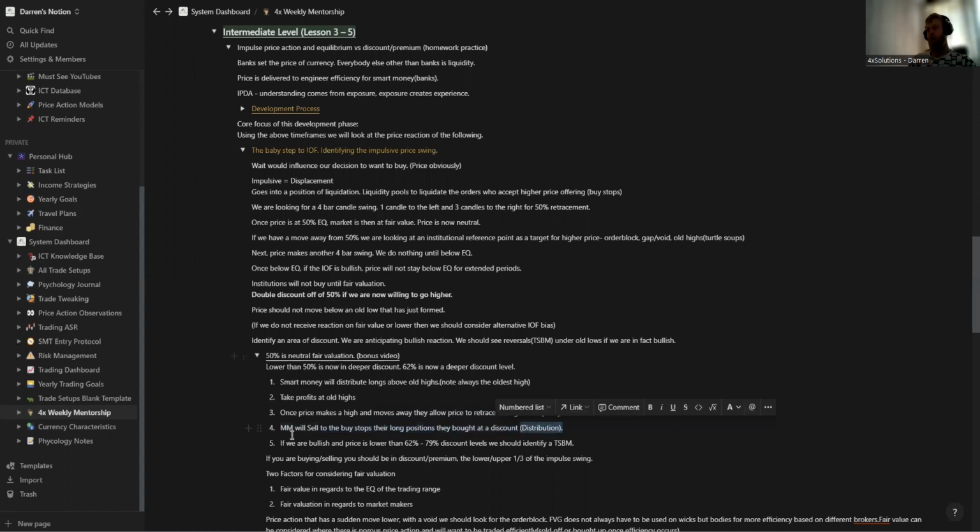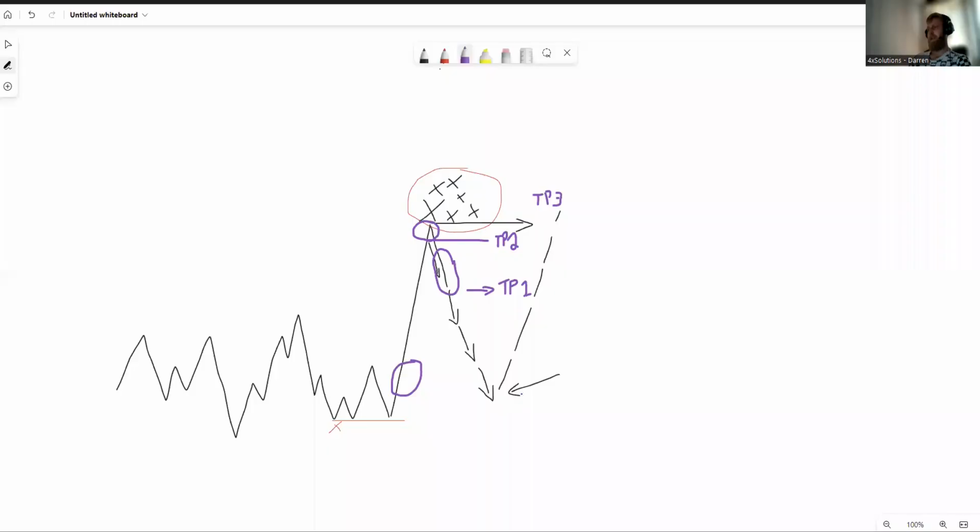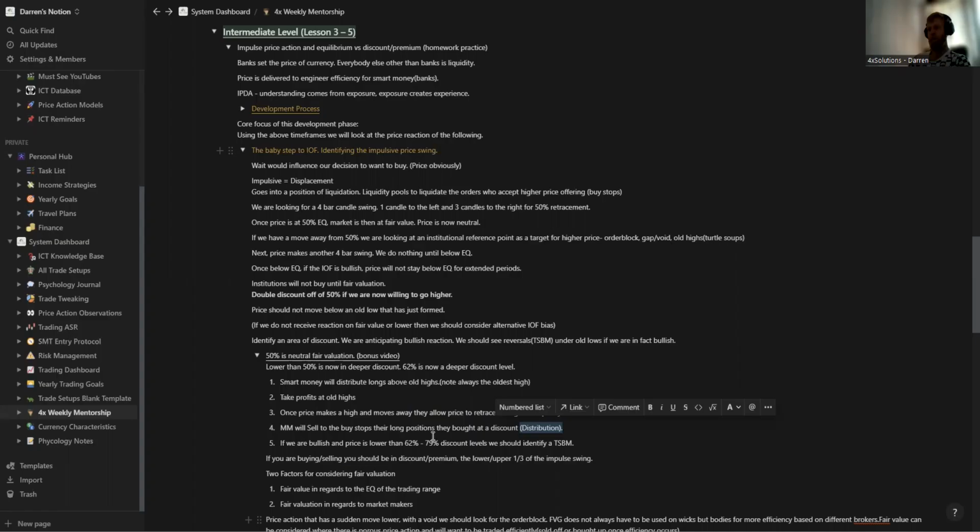That's exactly what I just said. Market makers are buying in the discount and exiting to where there would be buy stops over here, some or all of the position that they took.